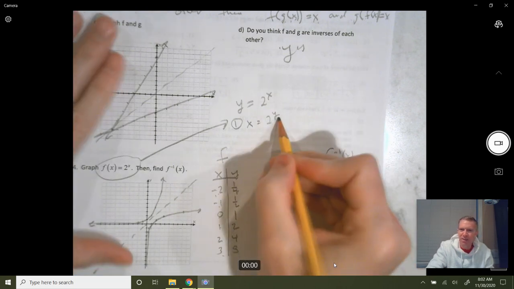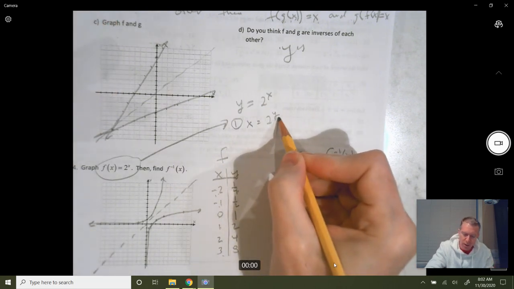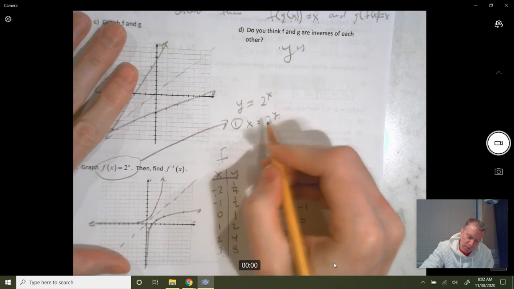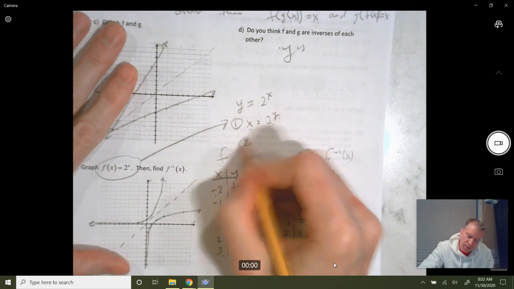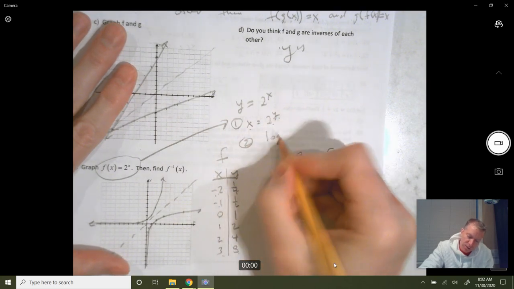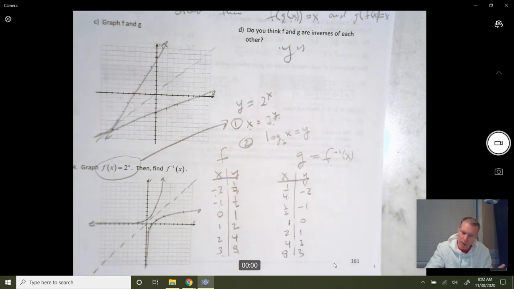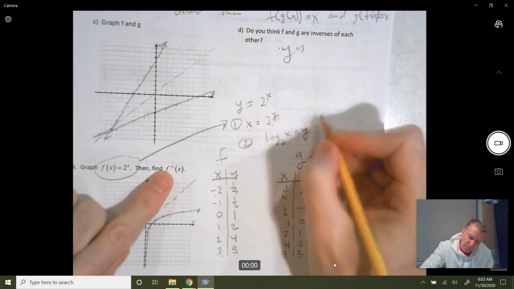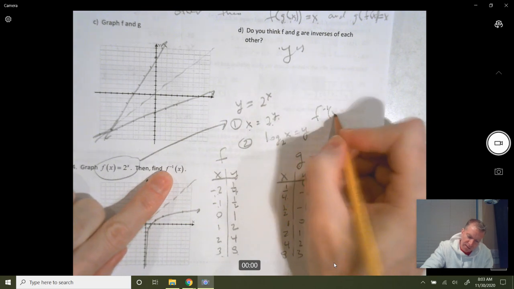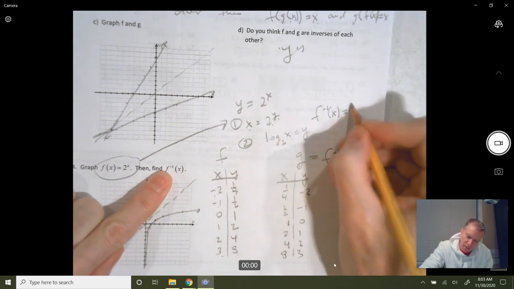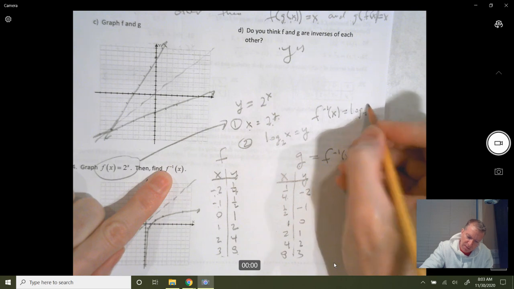How do we get that out of there? Well, we have to use a log. So rewrite this as a log: log base 2 of x equals y. You have the y by itself. So f inverse of x is equal to log base 2 of x.